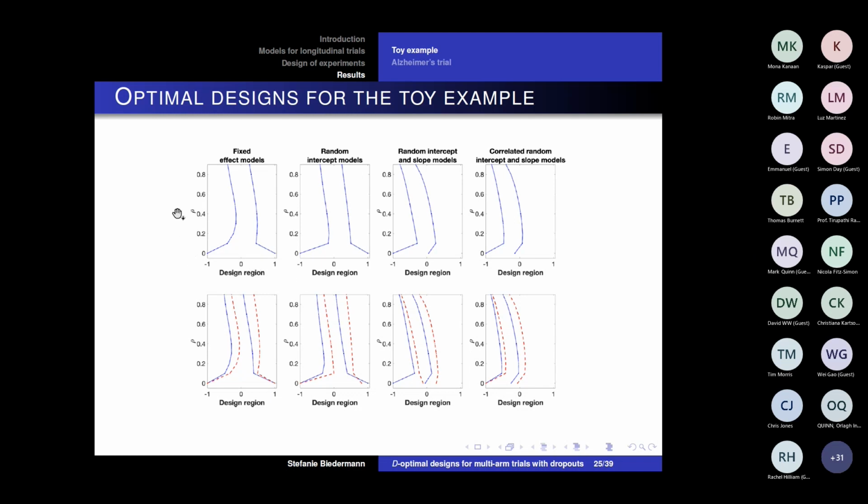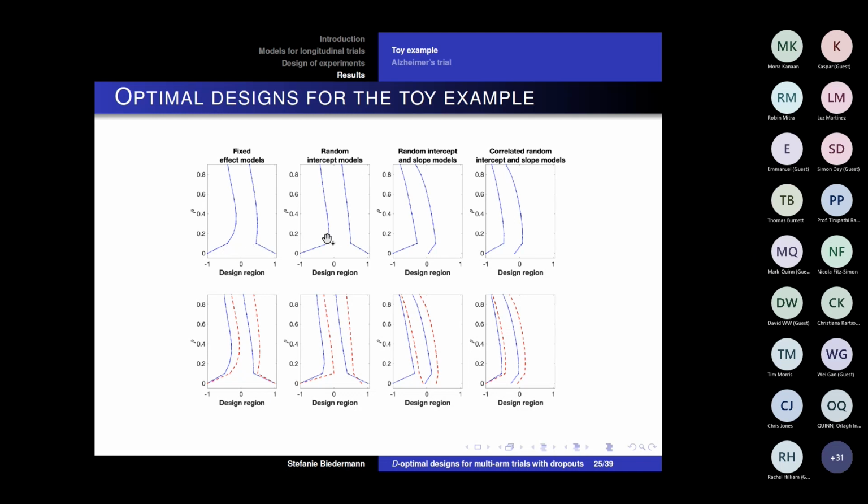Okay, generally, the random intercept model looks very similar, so the design looks very similar to the fixed effects design in all cases except for this rho equal to 0 case.